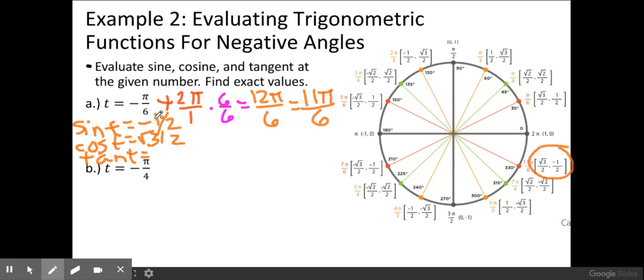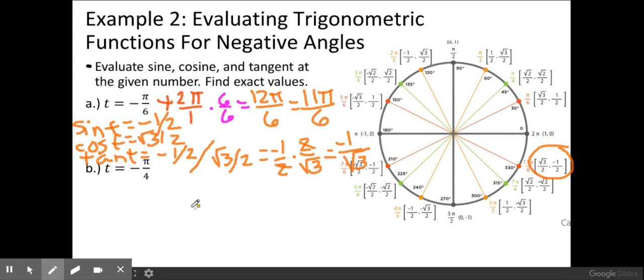And tangent is y divided by x. So this is -1/2 divided by the square root of 3 over 2, which is the same thing as -1/2 times 2 over square root 3. So we get -1 over square root of 3.